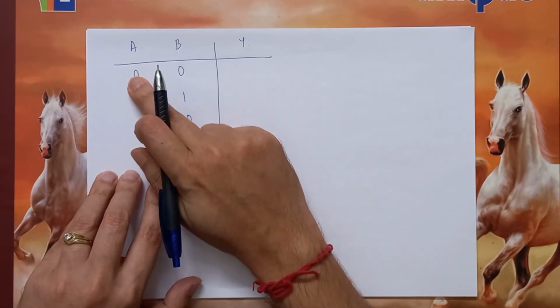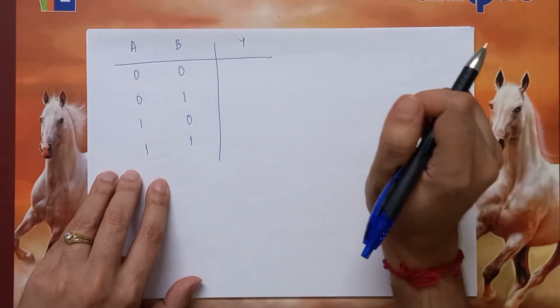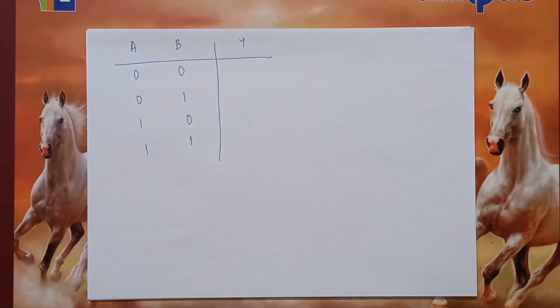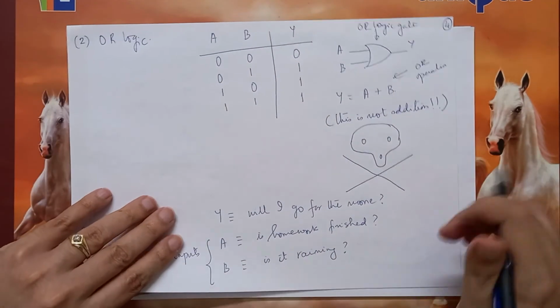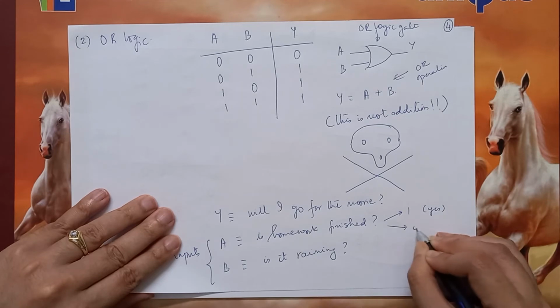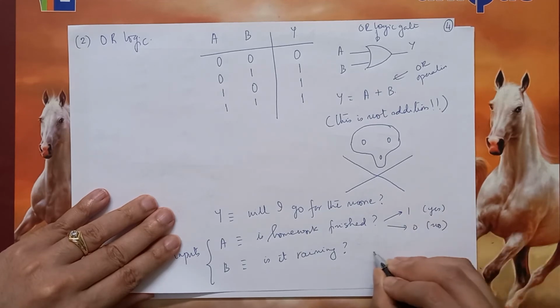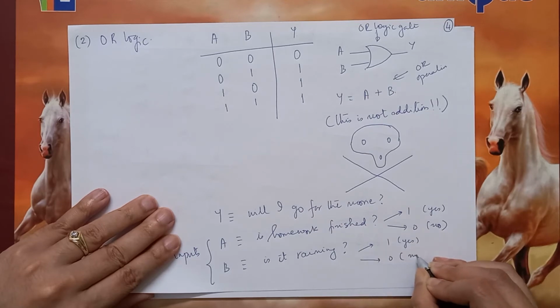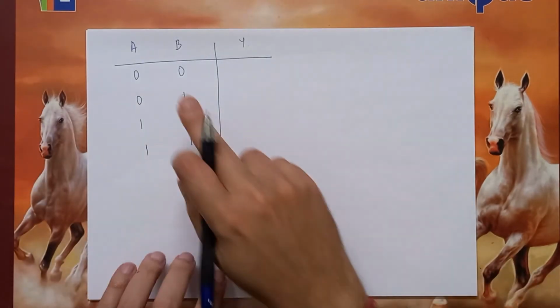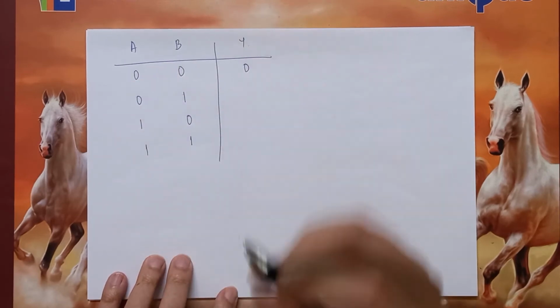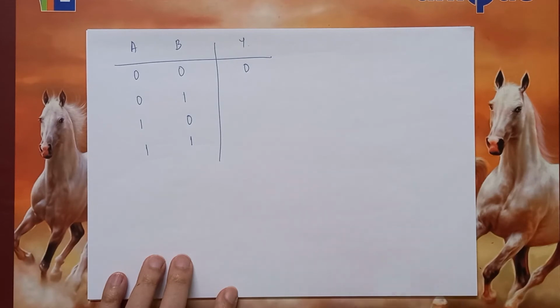So here my homework is not finished. Here B equal to 0 means, so let's assign that. So is homework finished? 1 means yes and 0 means no. Here also 1 means yes and 0 means no. So even though it's not raining, I have not finished my homework, so I cannot go for the movie because I would like both conditions to be satisfied.